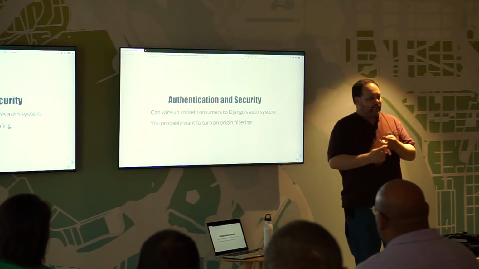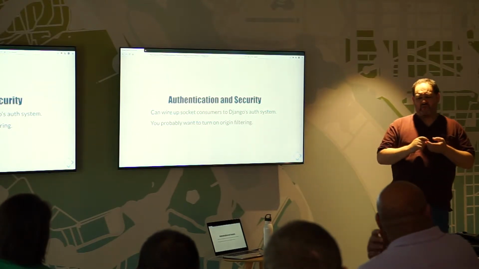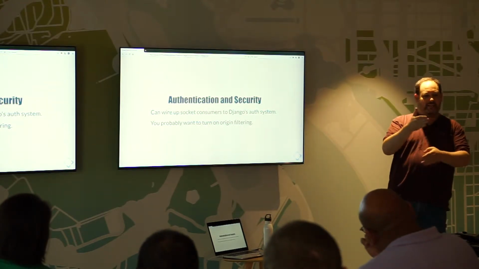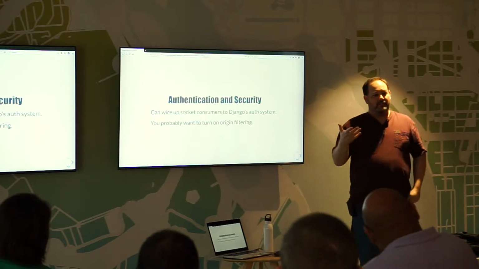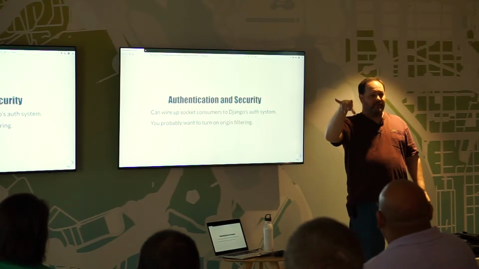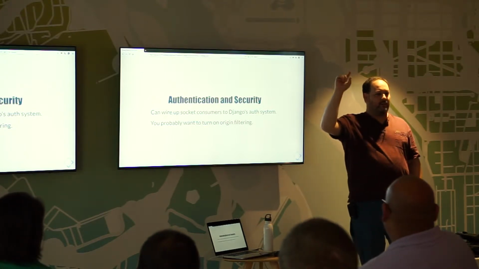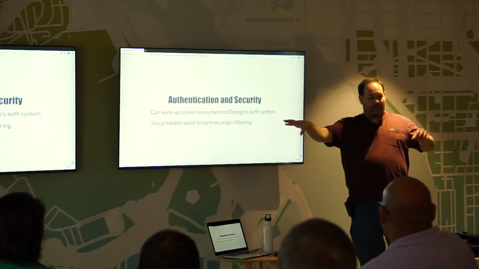Origin filtering is kind of like cross-site request forgery protection for WebSockets, but not really, because it's not a form, it's a persistent connection. What origin filtering does is it checks that initial request that has the upgrade header to see what the source of the request is from. Is it from your URL? Is it from some other URL?